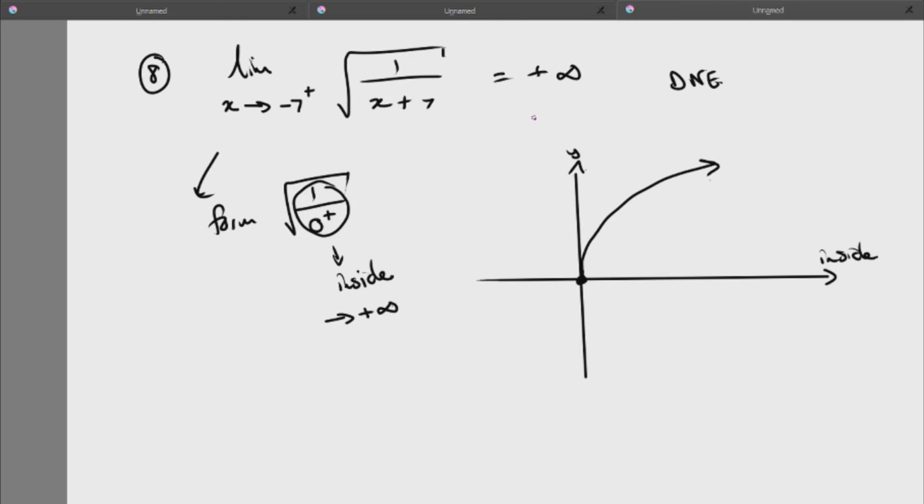So the one-sided limit helps me to be a little bit more specific. If that was a two-sided limit, then I can't say any of it. Because I'm not sure about this plus anymore. This is only due to the one-sided limit.